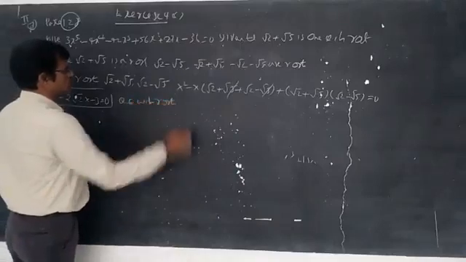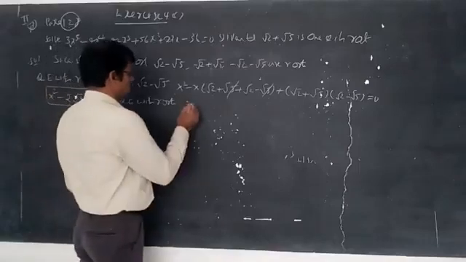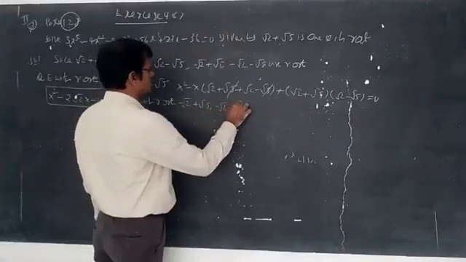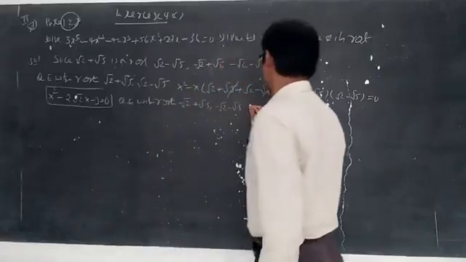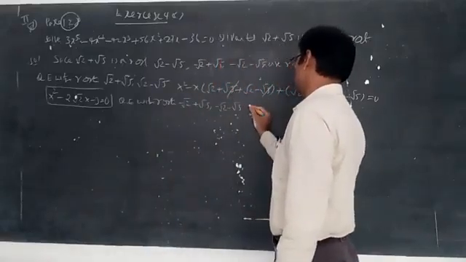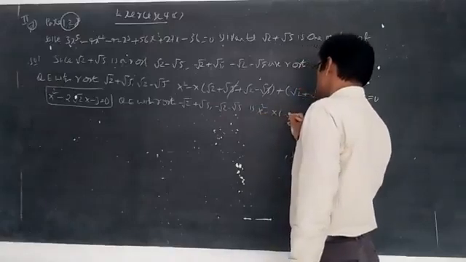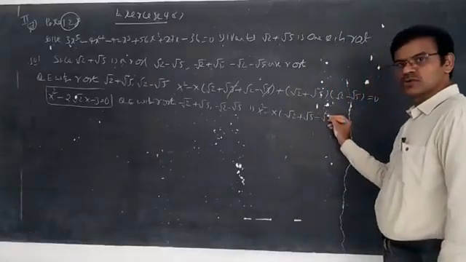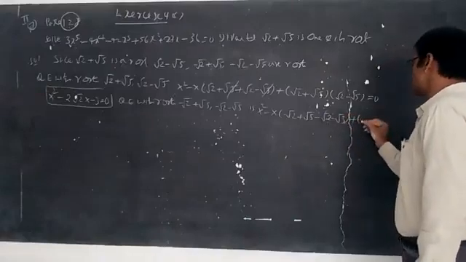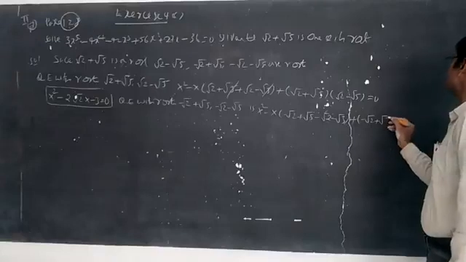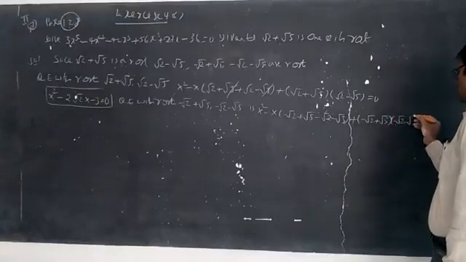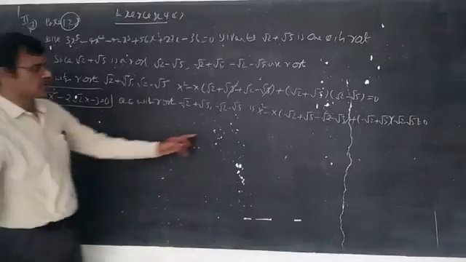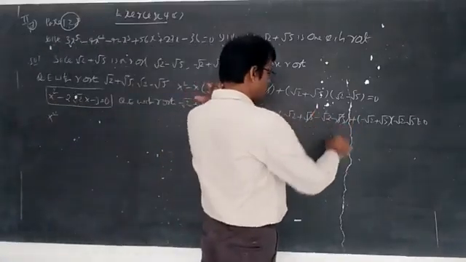Again I am writing the quadratic equation with roots minus root 2 plus root 5, minus root 2 minus root 5: x square minus x into the sum of the roots, plus the product of the roots, equal to 0. Here minus root 5 gets cancelled.